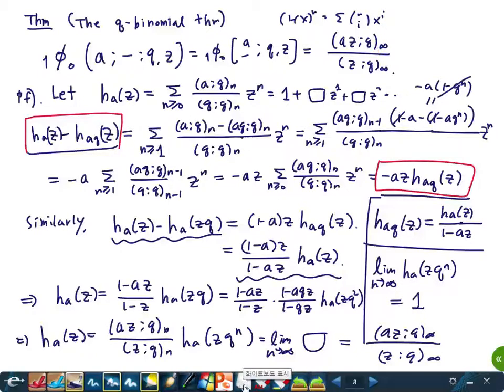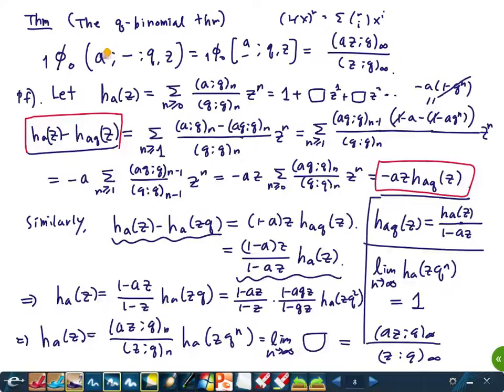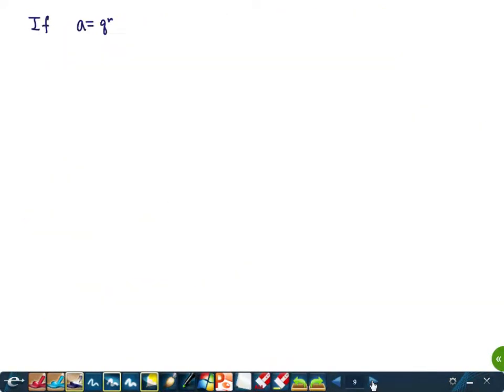So, corollaries. If a equals q to the n here, then we get 1φ0 of q to the n, nothing, q, z. This is just the theorem. The theorem says infinity. But do you think you can simplify this?